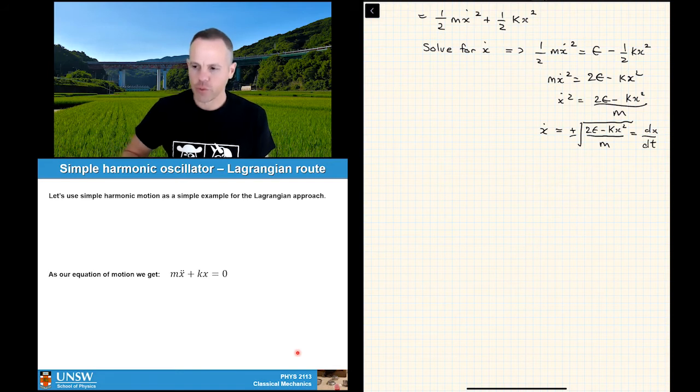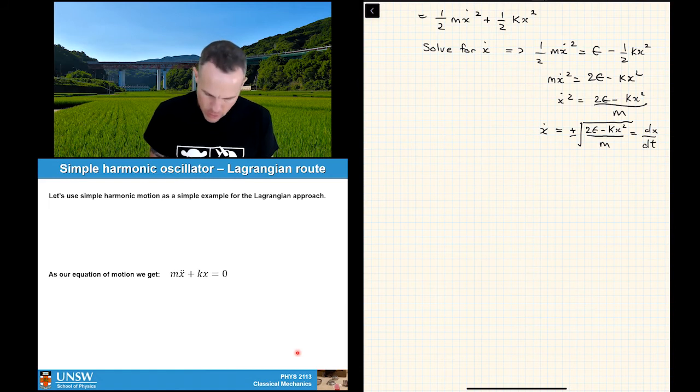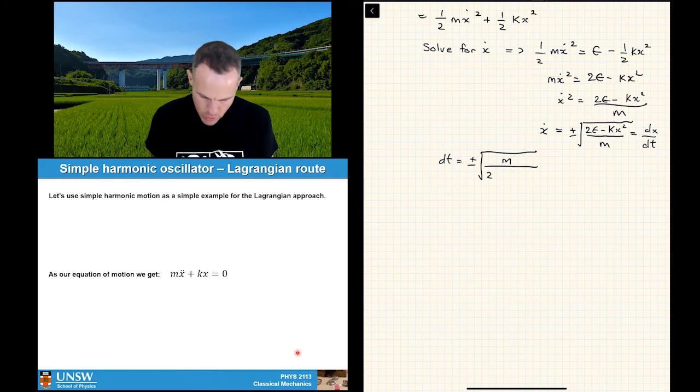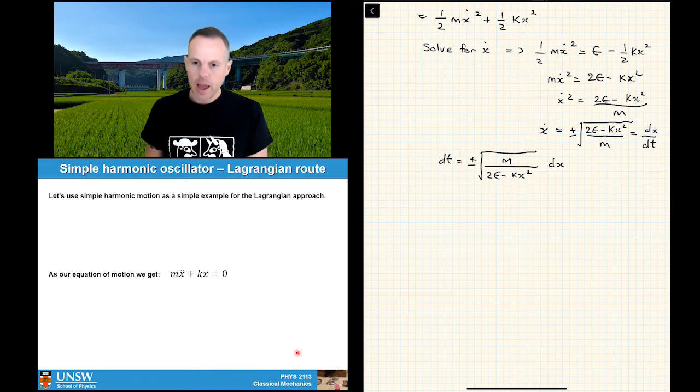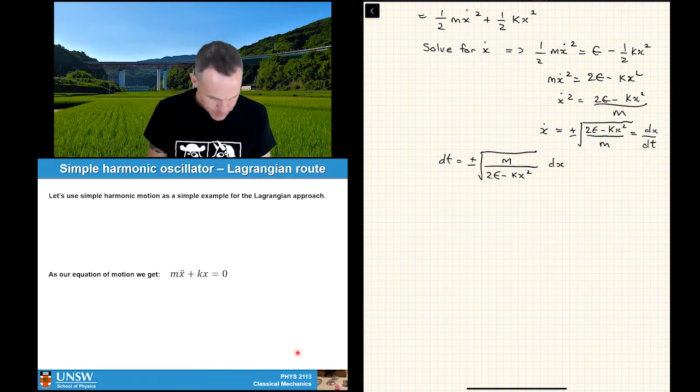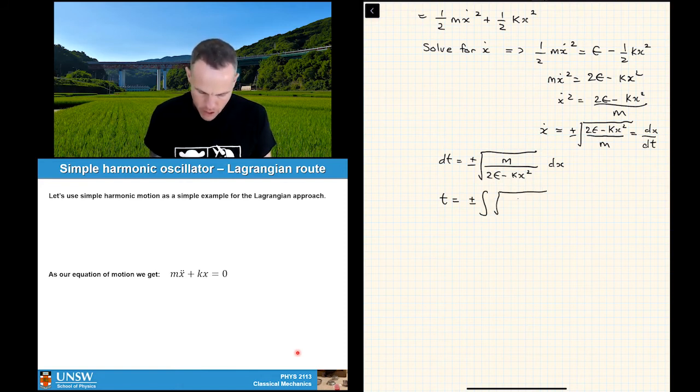And again, this is one of these good reasons to do lots of problems, because you get familiar with where things go. So what I can do is write this as dt is equal to plus or minus the square root, and I have to invert this now, so this is m on 2E minus kx squared, dx. And then I can integrate to get t, so t is going to be plus or minus the integral of the square root of m on 2E minus kx squared, dx.